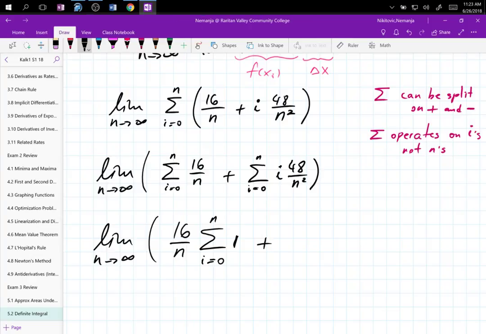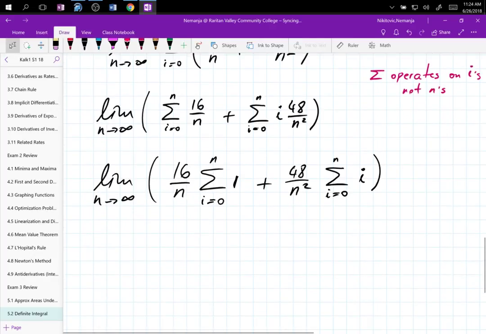Well, that's easy, like 1 plus 1 is 2, plus 1 is 3, plus 1 is 4, right? So I'm going to add that n times. And then on the other one, I have to kick 48 over n squared out, leaving the summation i equals 0 to n of, what do I have here? i. That's that, right?